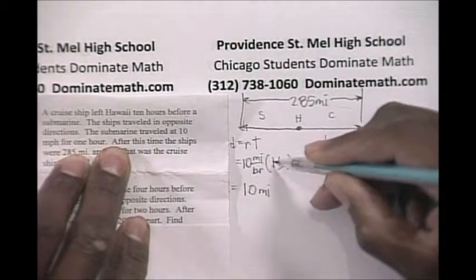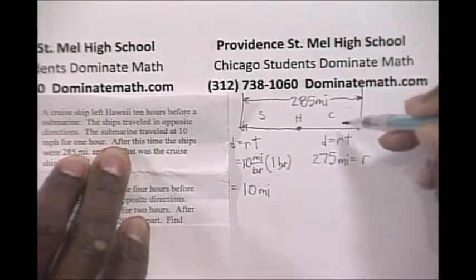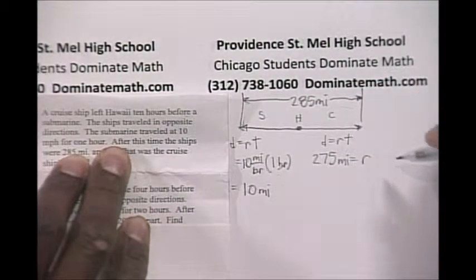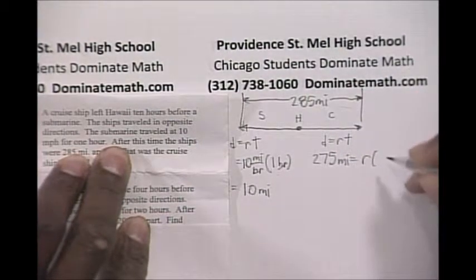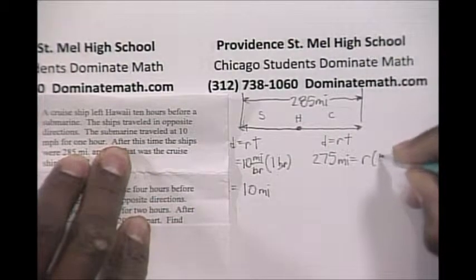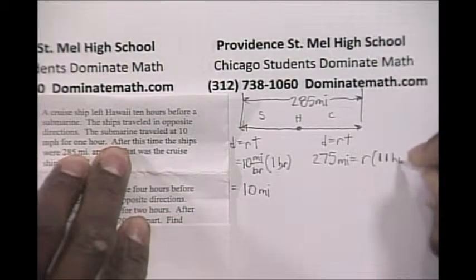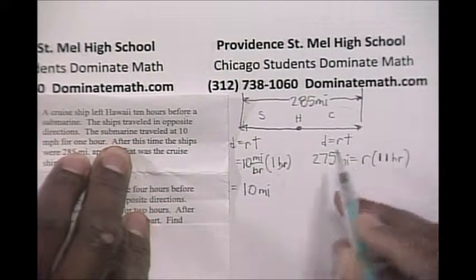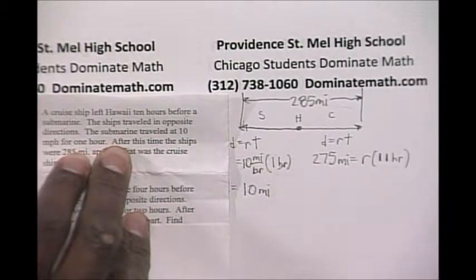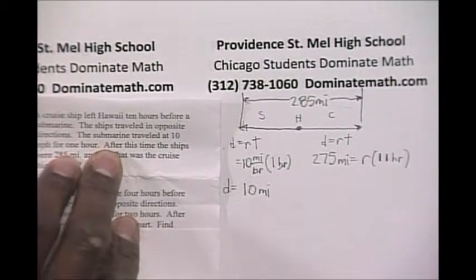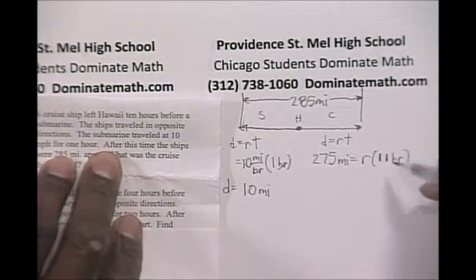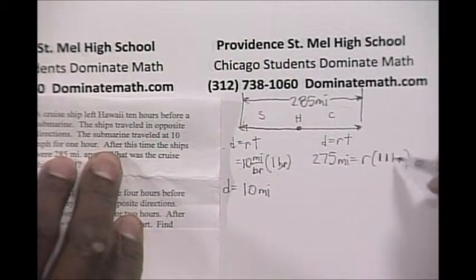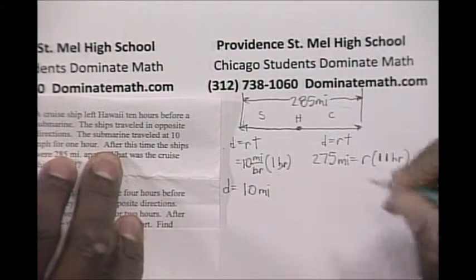So what that means is, if the sub was traveling for an hour and the cruise ship left 10 hours before that, the time that the cruise ship was traveling is a total of 11 hours, 10 plus 1.